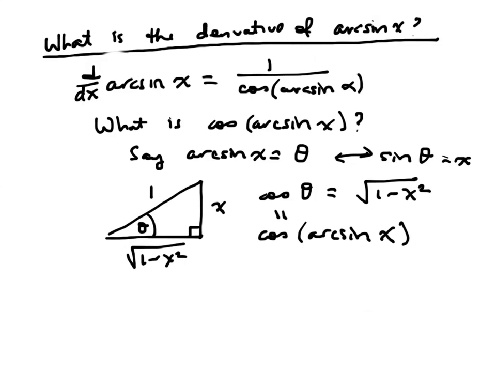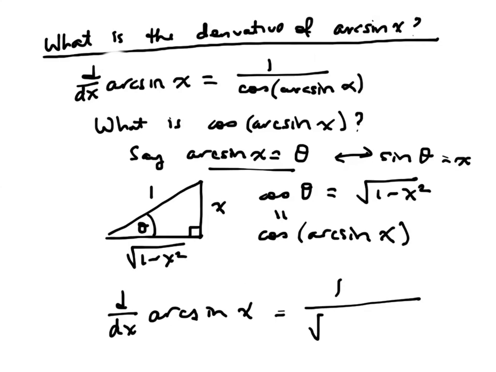Because we had that arcsine of x was equal to theta. So now we can put it together with what we already had. So we get that the derivative of arcsine of x is equal to 1 over the square root of 1 minus x squared.